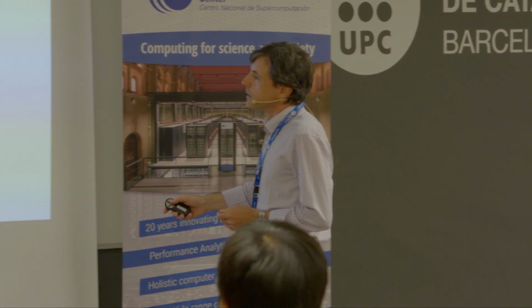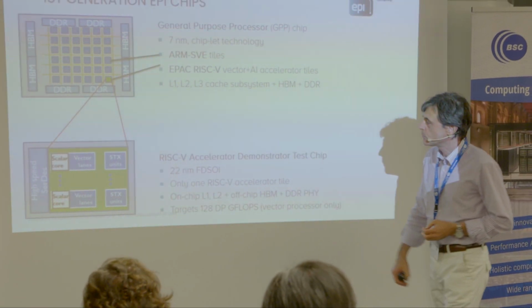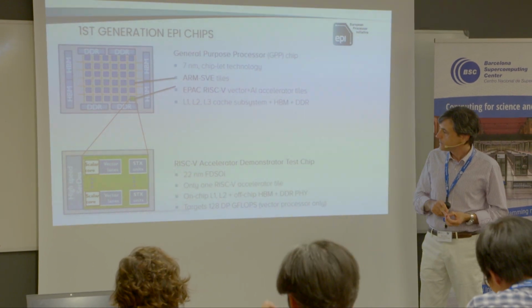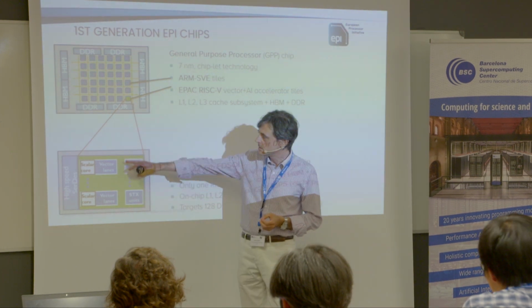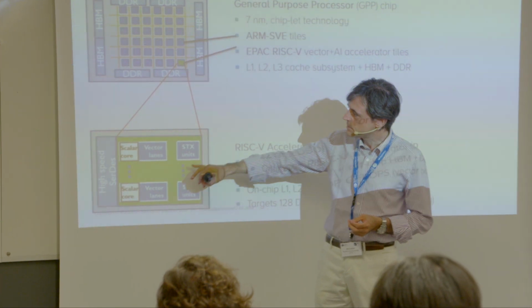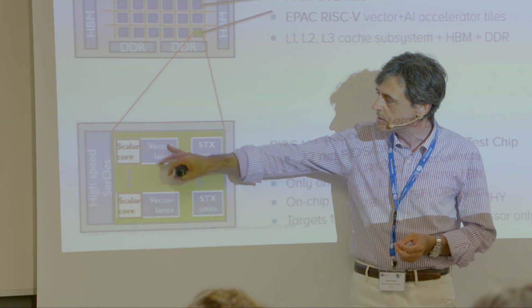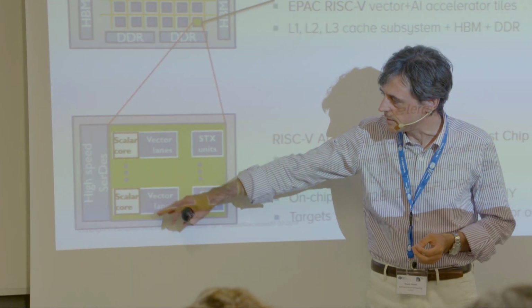Okay. This is the test chip that is incorporating only the accelerator tile, which is based on the RISC-V instruction set. You see internally, I'm going to detail it now, but the structure is based on a scalar core controlling vector lanes. This is the vector processor part, and you have multiple of them.